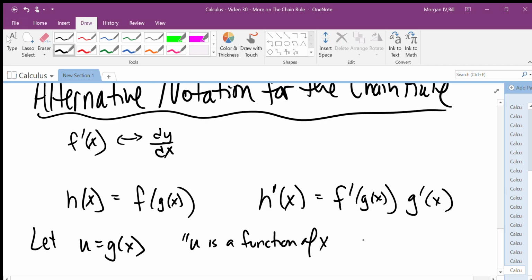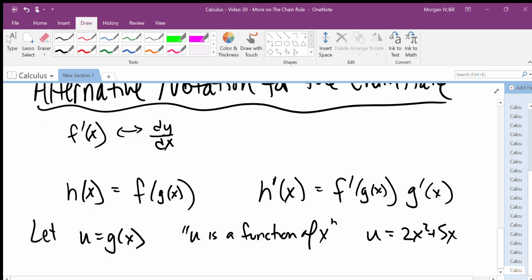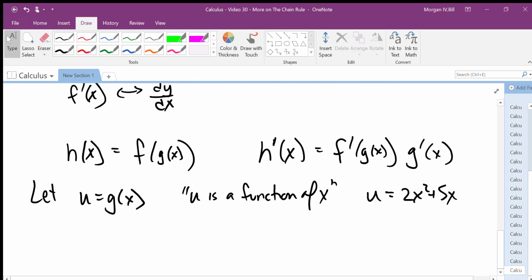Meaning that u is equal to something, like 2x squared plus 5x. It is some function of x. That's what we mean by that. So we're going to let u equal g of x, just to simplify these letters here.